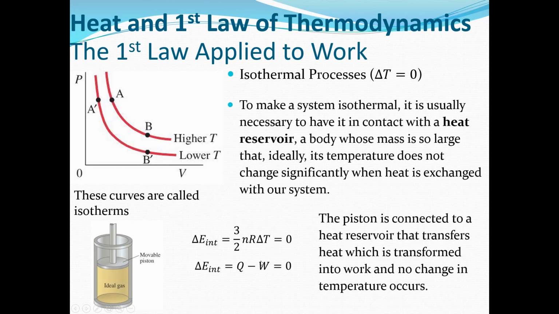That ends up being a very important aspect of the isothermal process: the change in internal energy is always 0, and that also means that the heat added to the system is equal to the work done by the system. So again, going back to that concept, any heat being transferred to the gas is causing the piston to move up by an equal amount of energy.